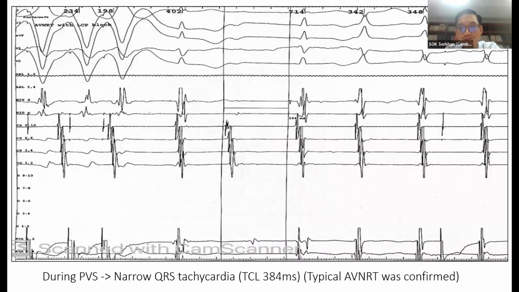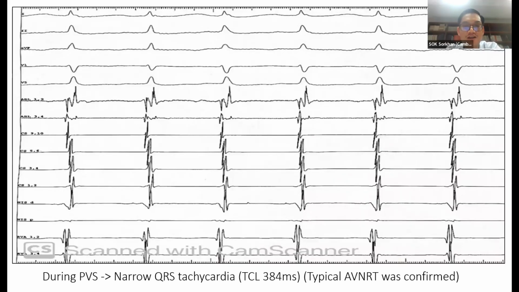But unfortunately, at that time, when we tested the V pacing, we had another tachycardia, a narrow QRS tachycardia with cycle length around 384 milliseconds with a short VA, and it was typical AVNRT, confirmed.